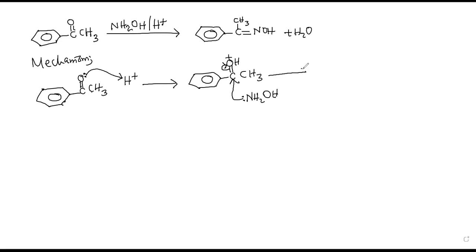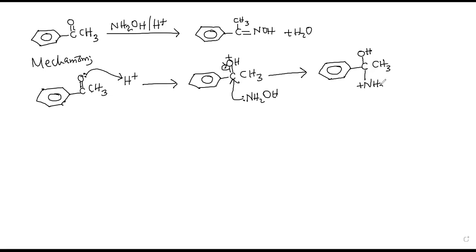So we shall form C, then CH3. Since a bond broke, we shall have OH. Shall have just OH, but then the nitrogen is going to become positive.